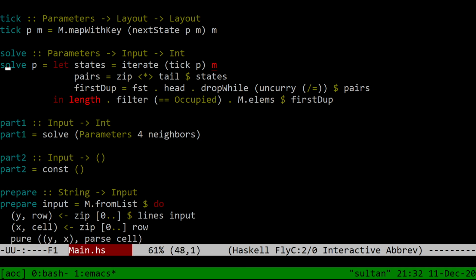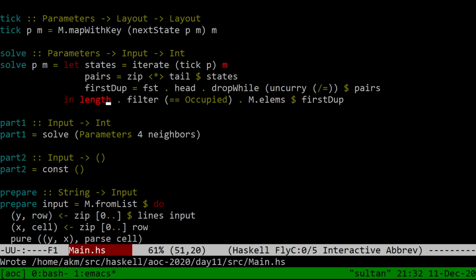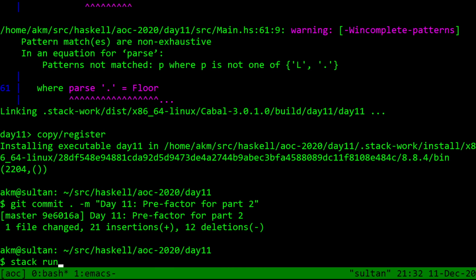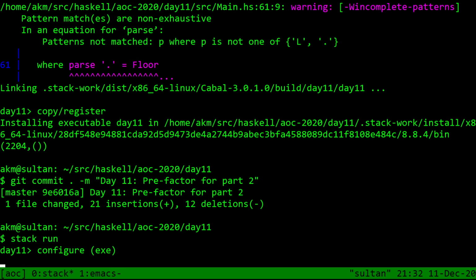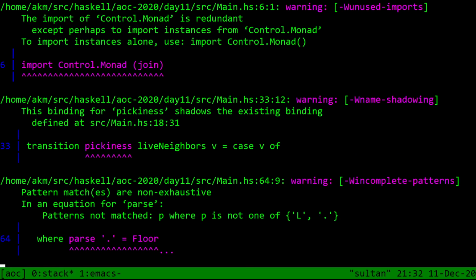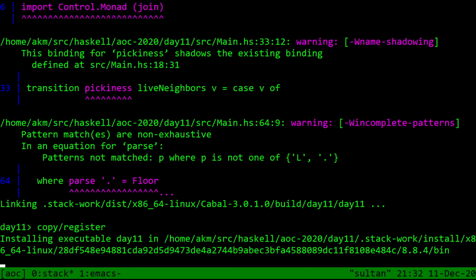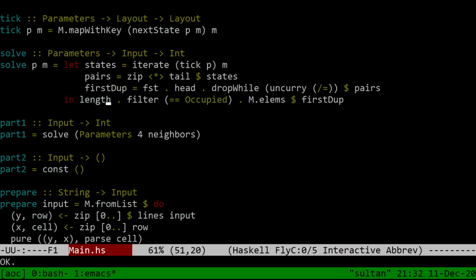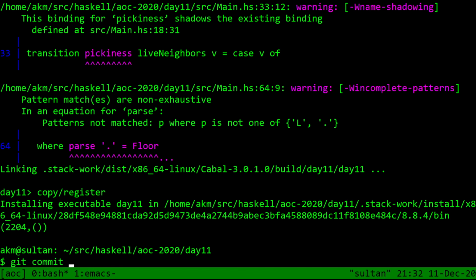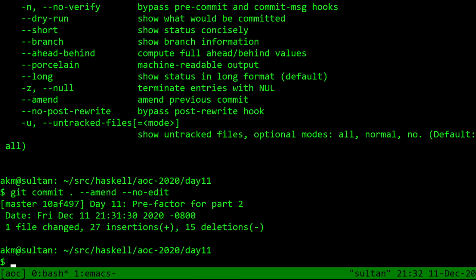Oh, of course, it's a parameter to this function. This still compiles, and I suspect still runs. And hopefully gets the right answer. Yes, okay. So let's git commit amend no edit. No edit, thank you.